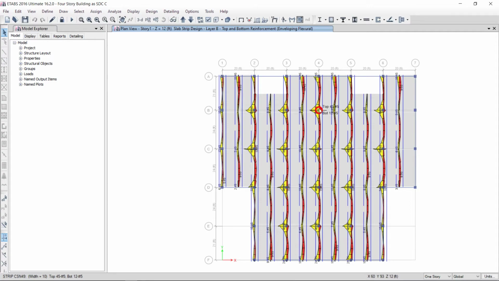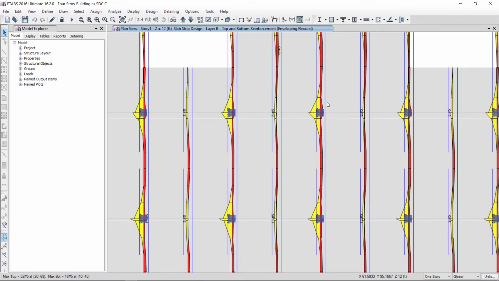Now we can check. Here there are 45 bars as top reinforcement, and the bars are number 5 bars. That means ETABS calculated 45 bars of number 5 bars.